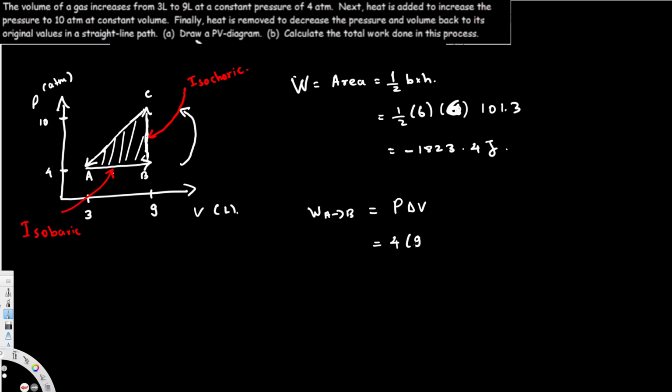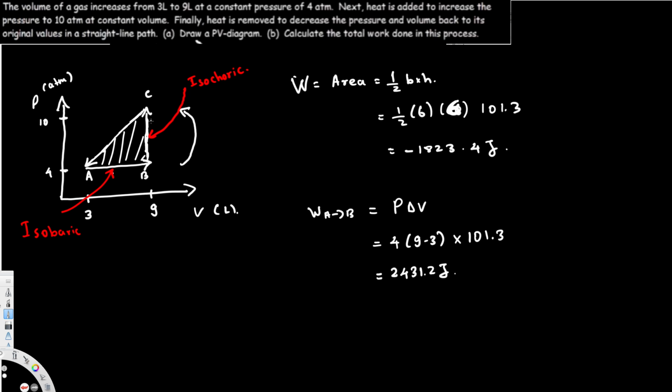Since this is in liters and atm, we have to convert to joules, so we multiply by 101.3. If you calculate this, you will get 2431.2 joules.